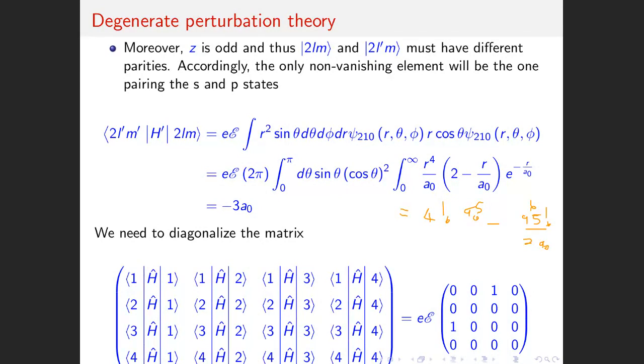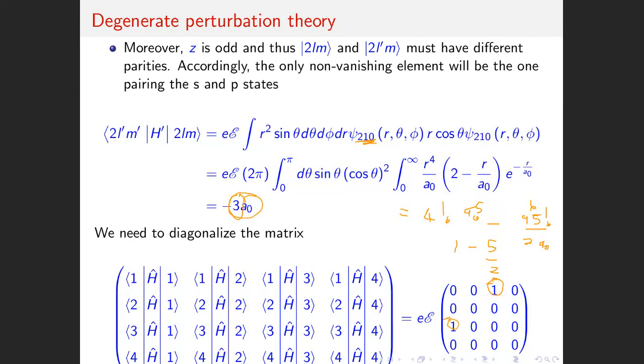And then once you simplify everything, you can see that you get something like 1 minus 5 over 2, which will give you that 3. There are normalizations, maybe a0, but the point is that you get this 3a0, which you put there.